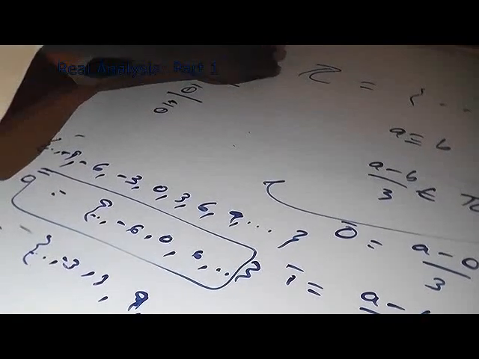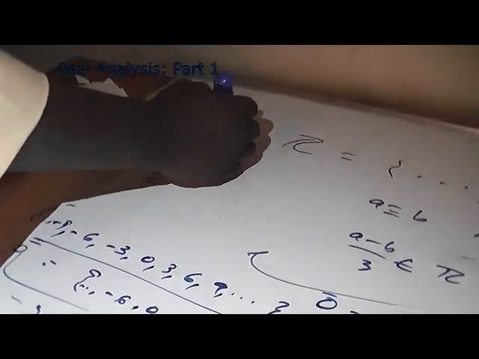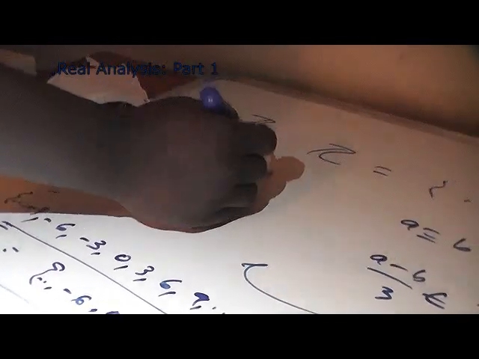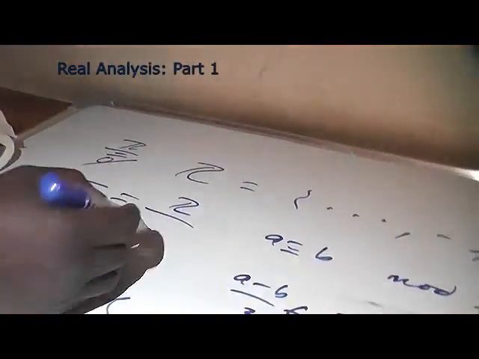This quotient set, if you check the set of integers by the double congruence, the class of 6, this will cancel. It will be nothing but the set of integers over the class of 0. This is the third isomorphism theorem.